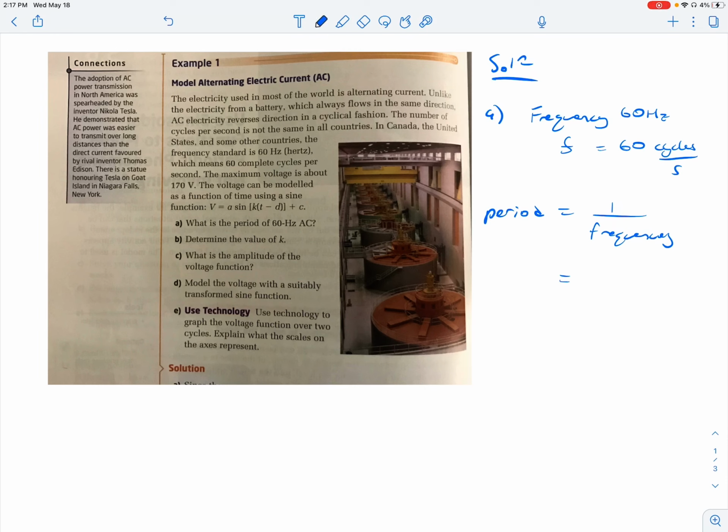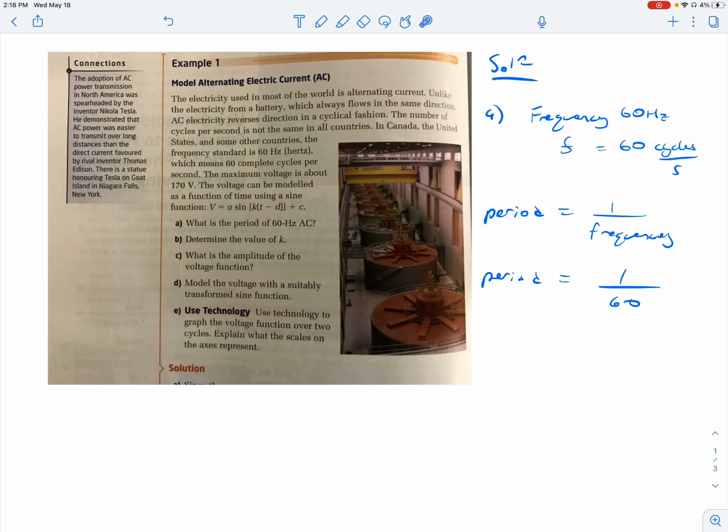So we can go ahead and find the period. We're just going to do 1 over the frequency, and the frequency is 60. So the period is just going to be 1 over 60. That's for part A, the period.